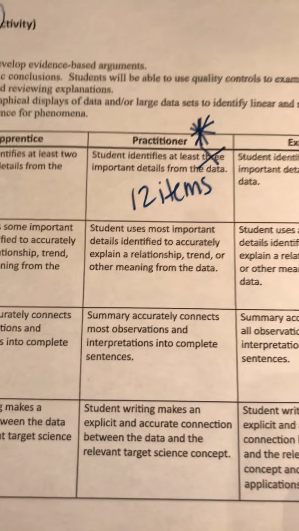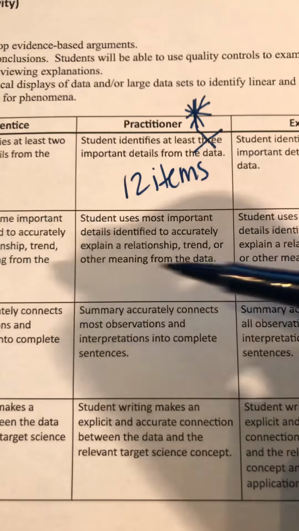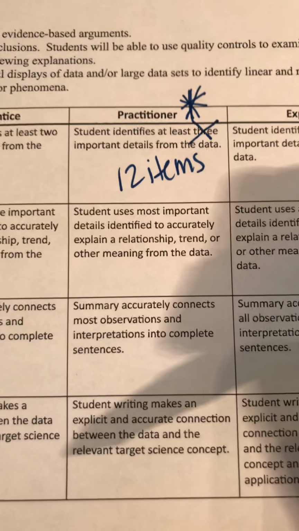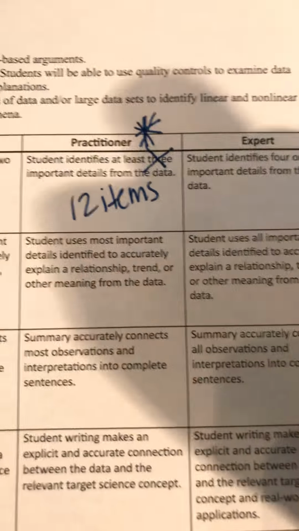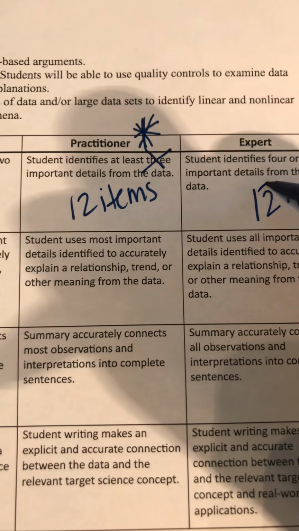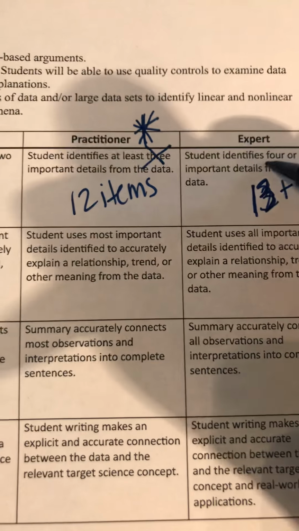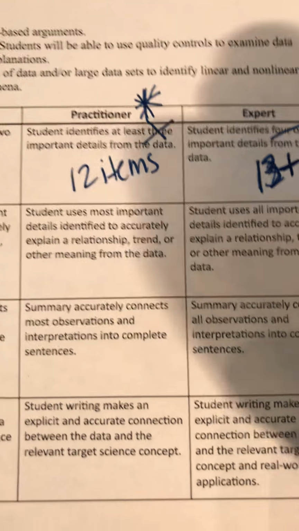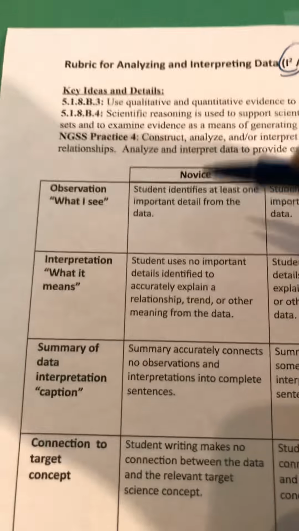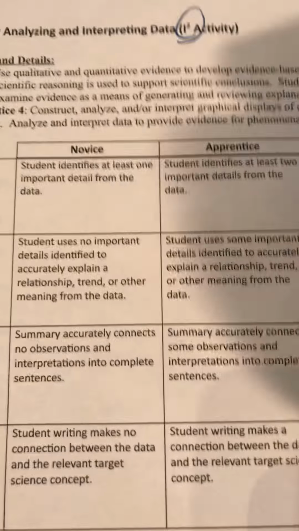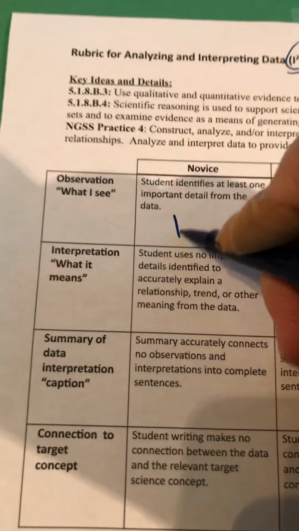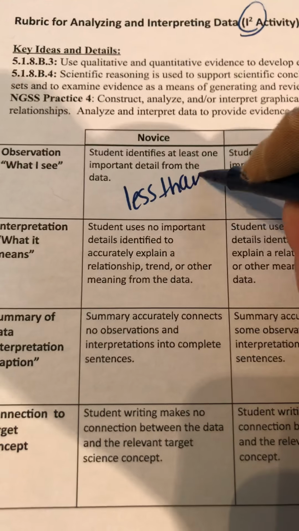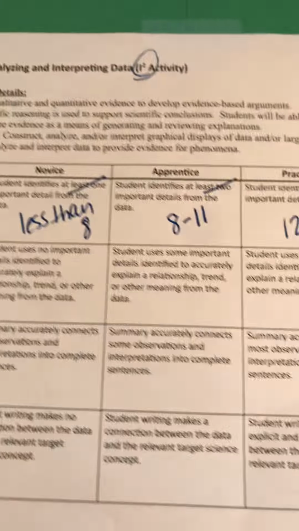And what I'd like you to do is identify what each item is telling you is going on in the picture. So that's a minimum there. If you can do 12 plus, or rather 13 plus, that's going to give us an expert for this category. And I would say here, this would be between 8 to 11, and this would be less than 8. Okay, so that was one thing I wanted to edit.